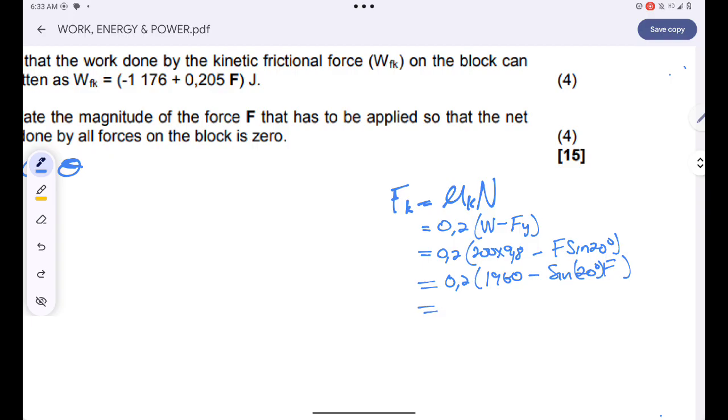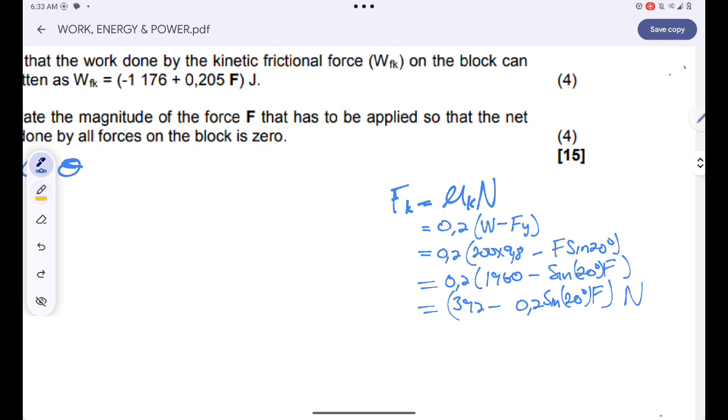If I multiply everything inside the brackets by 0.2, I will have 392 minus 0.2 sine of 20 degrees multiplied by F in newtons. All of this gives us a frictional force.